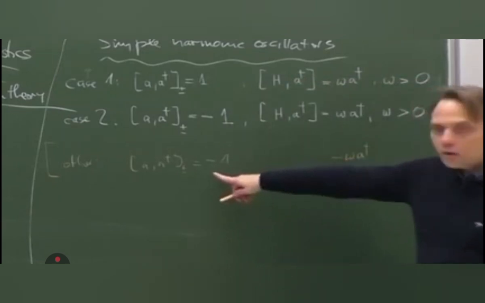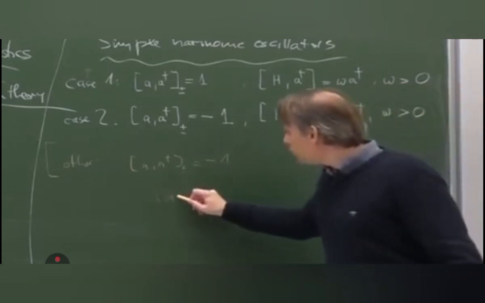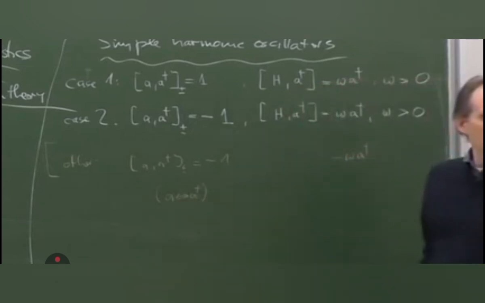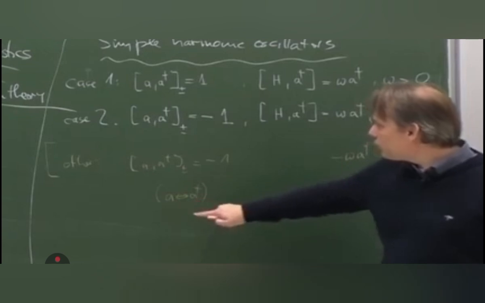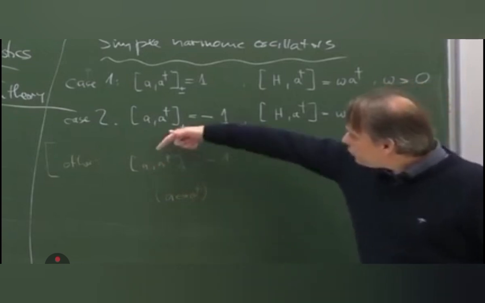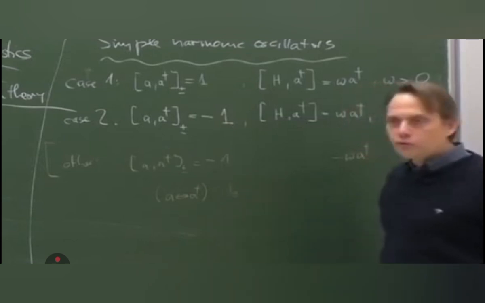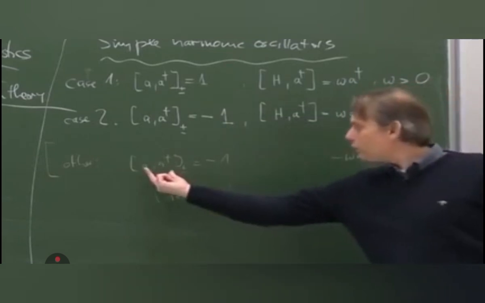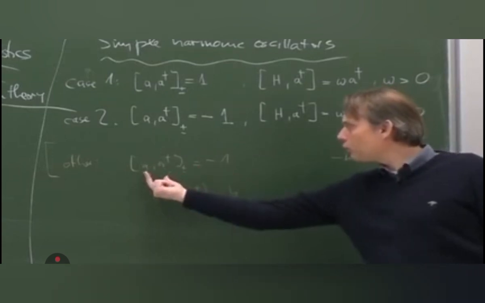If you encounter that third case, what do you do? You would now simply swap the notation of A and A dagger. Then you have A dagger with A gives minus 1, and then you need to distinguish. If we are in the bosonic case and we swap A with A dagger, then we get A dagger A minus is minus 1. So A with A dagger gives plus 1.